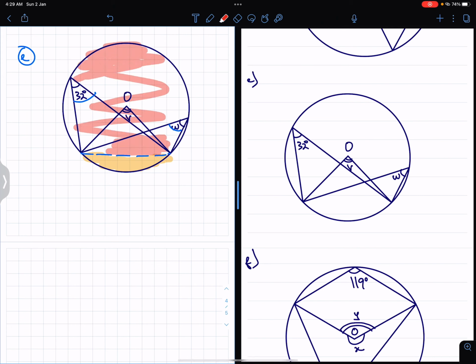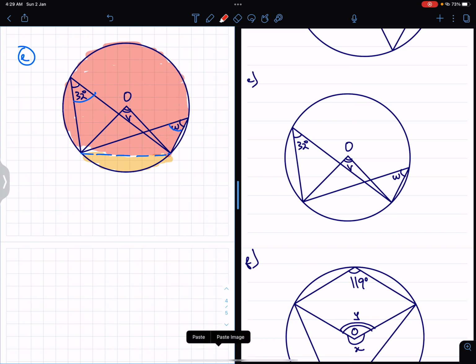The first one is a minor segment and this one is a major segment. We would see that W and 32 degrees are in the same segment.